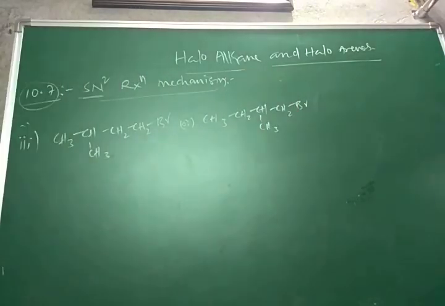This is the other example. The number of carbons is the same and the substituent bromine is similar. These two are isomers because the molecular formula is the same but the structure is different.